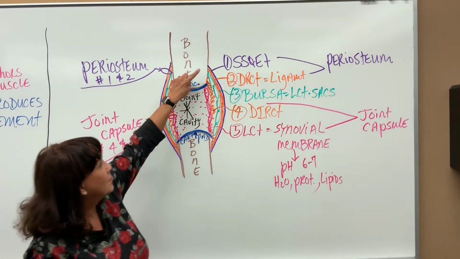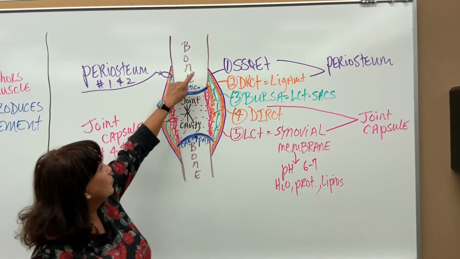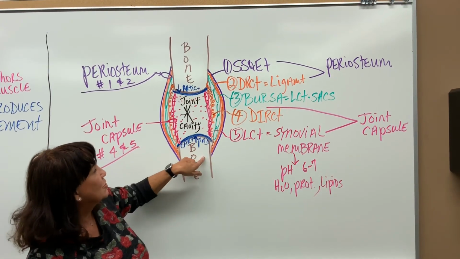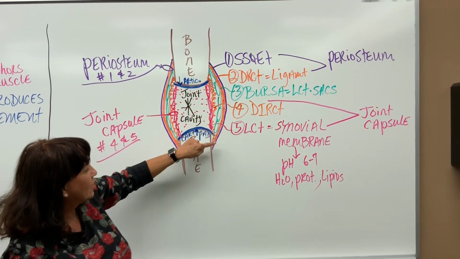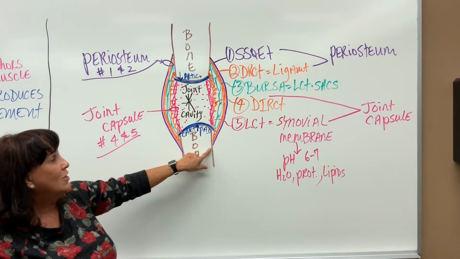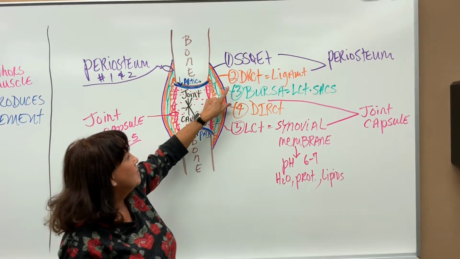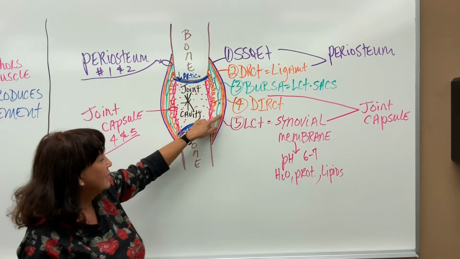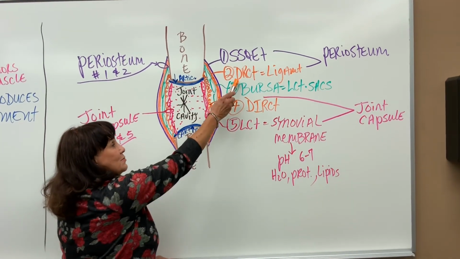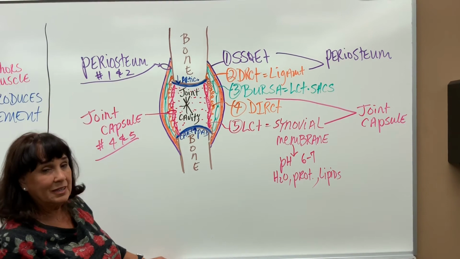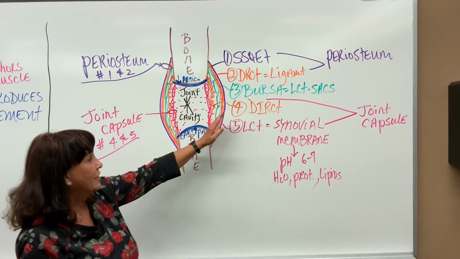And so we have simple squamous, of course, going from a bone to a bone surface. So simple squamous is going to come off this bone, come around, and attach to this bone. So that's the first layer. Number 2 layer is dense regular CT coming underneath there, right here. And dense regular CT makes a ligament, right? So that's for stability out there.